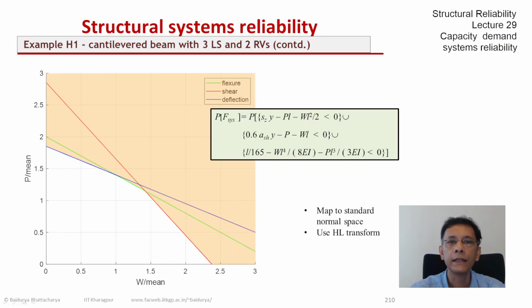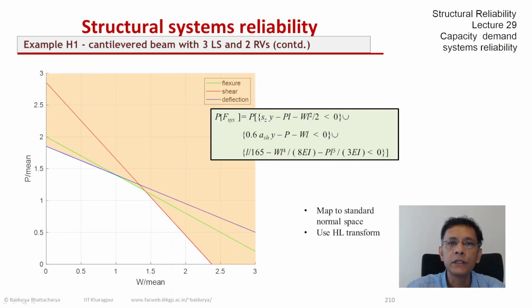The next slides will have the map of the basic variable space onto the standard normal space. Why? Because we are now going to solve this problem using FORM. We are going to solve a system reliability problem with the help of the first order reliability method, which we have already looked at in the context of component reliability.